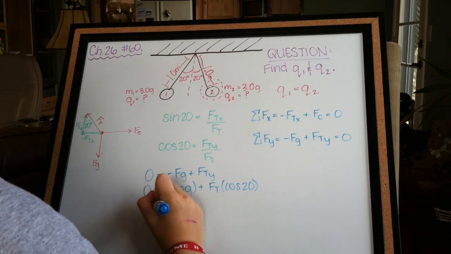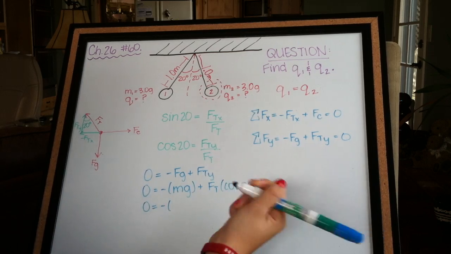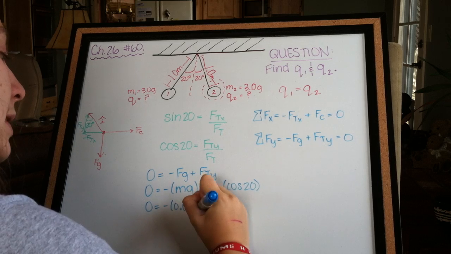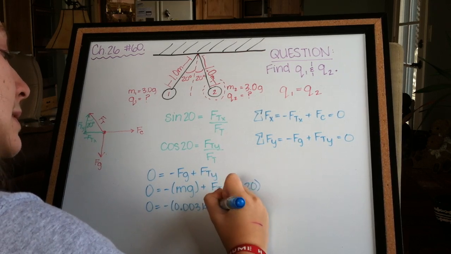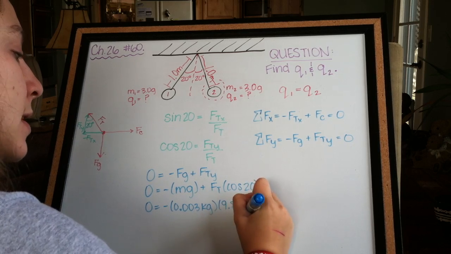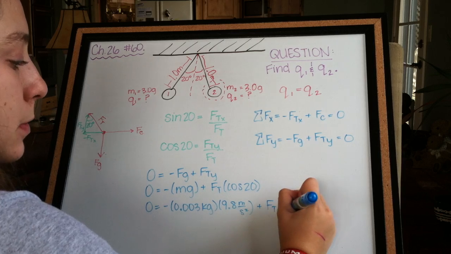So again, remembering that this is in grams, but it needs to be in kilograms, we have negative 0.003 kilograms times 9.8 meters per second squared plus force tension times the cosine of 20.